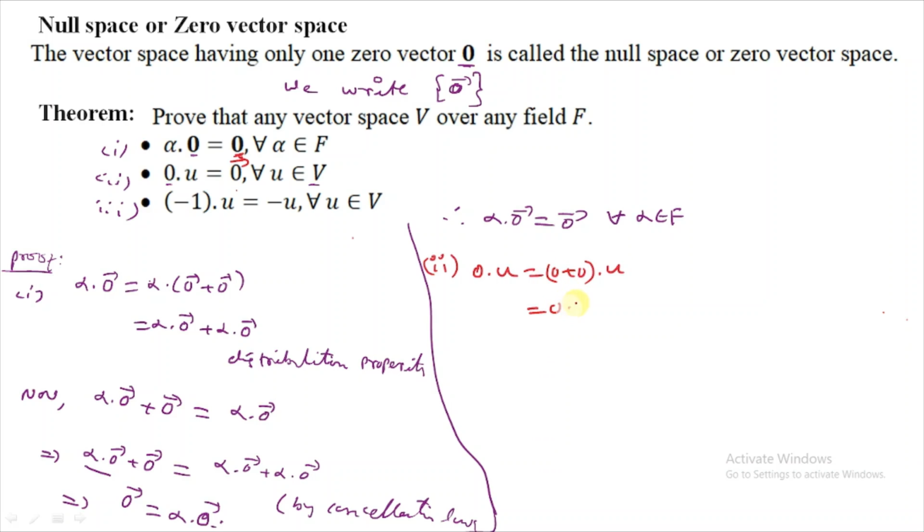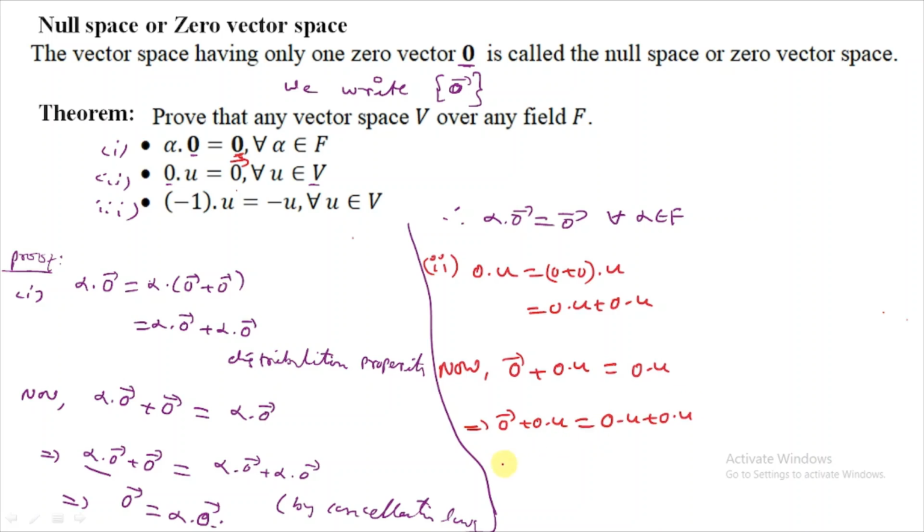Now by the distribution law, the distribution of vectors over scalars, it equals 0 dot u plus 0 dot u. Using cancellation, we can write 0 vector plus 0 dot u equals 0 dot u, so 0 dot u equals 0 dot u plus 0 dot u.